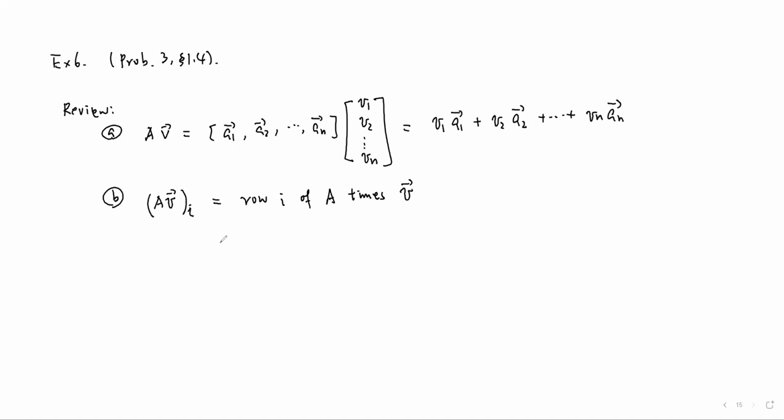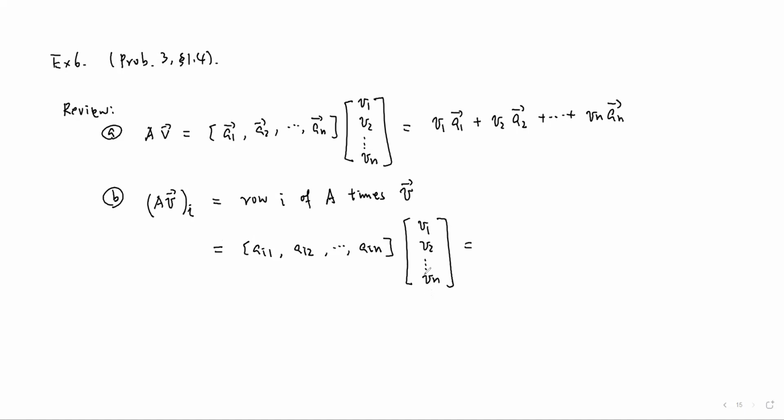What is row i? Ai1, Ai2, and Ain. Row i of matrix A times vector V, where V is V1, V2, and Vn.